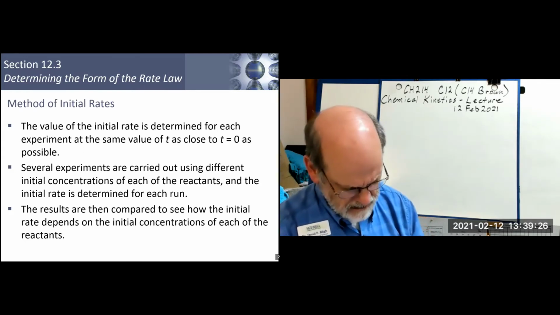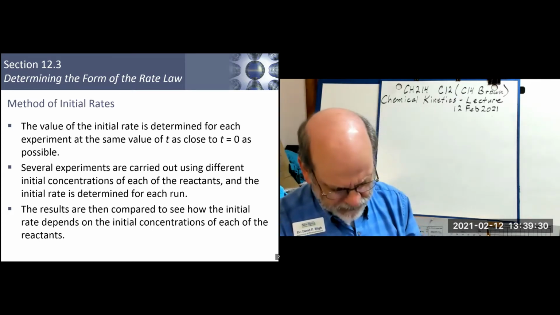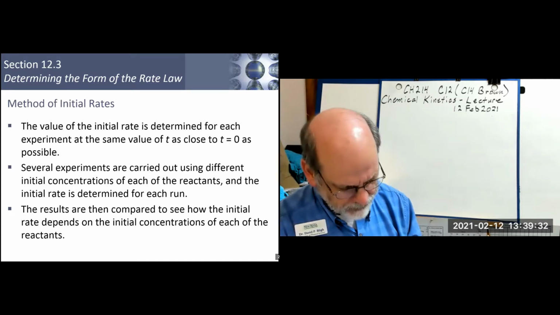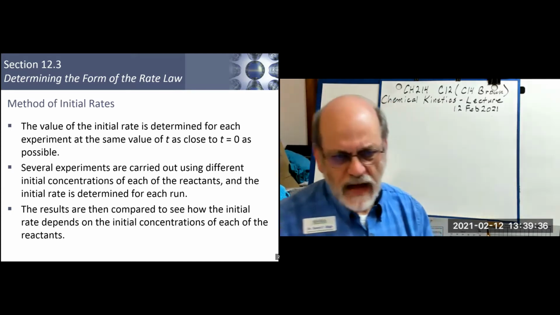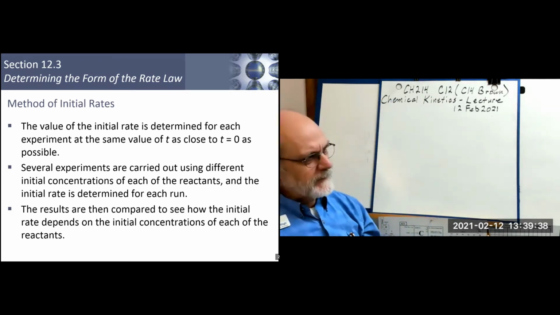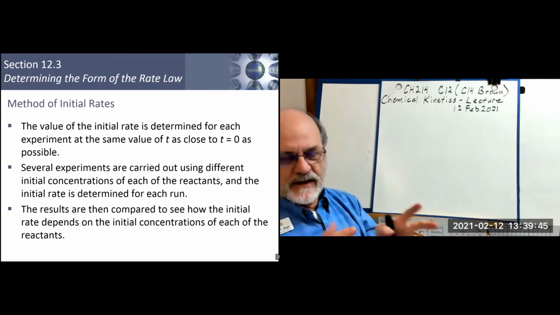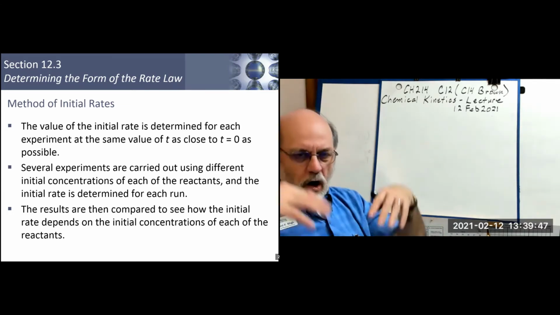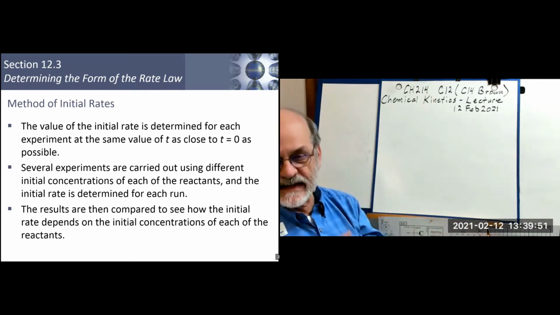I don't have an example in here. The examples are in the review document. I should have put an example in here, and we may do one. But let me just say this. This is the general approach to the method of initial rates.